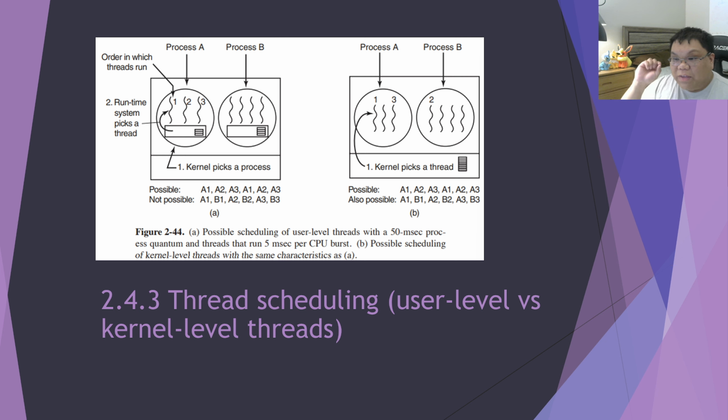So we can have the threads of process A alternate with each other, but they cannot alternate with the threads of process B. So we can have A1, A2, A3, A1, A2, A3, but we cannot have A1, B1, A2, B2, A3, B3. That cannot happen on a system with user-level threads, but it can happen on a system with kernel-level threads.